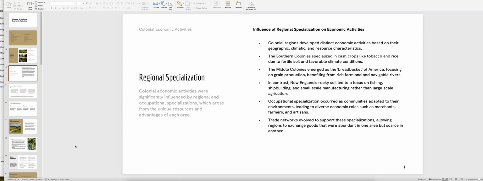The small scale manufacturing that's being done is largely done within the colonies itself, as would the shipbuilding as well. They are not building ships of the size needed for the old world.